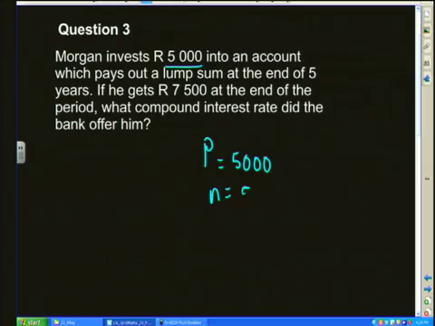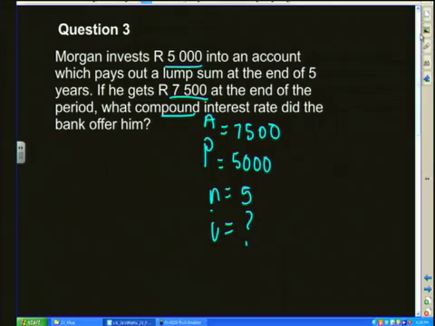So N is equal to 5. If he gets 7,500 Rand at the end of that period, so A, your final amount, is 7,500, what compound interest rate did the bank offer him? So they're looking for R. Obviously, we'll work out I and then times by 100 to get R. Okay, so we're looking for I here.